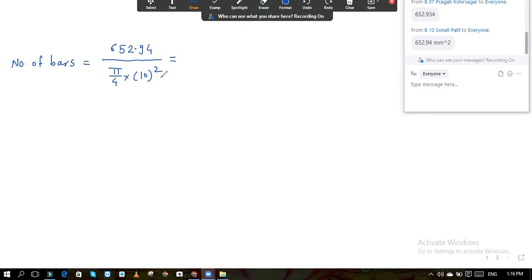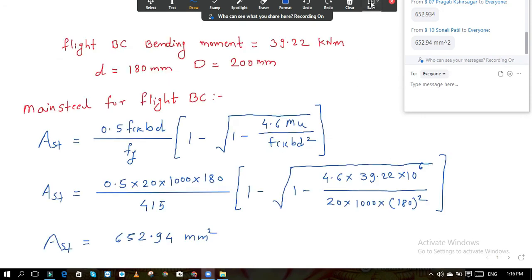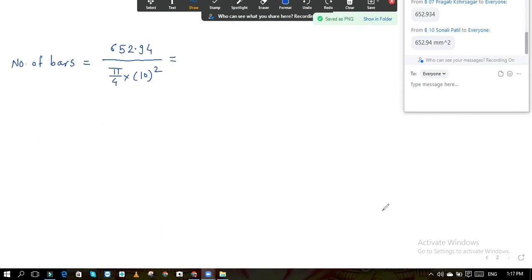Calculate the number of bars. 8.31, so nearly equal to 9 numbers. So 9 bars are there.